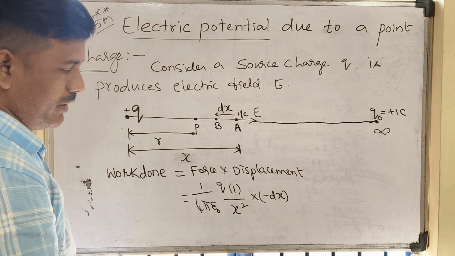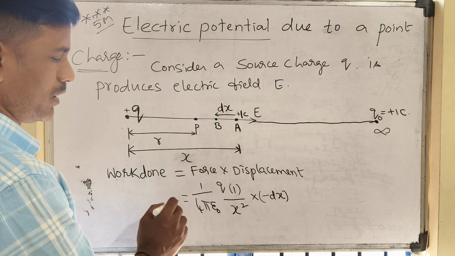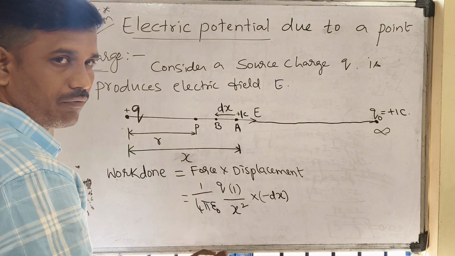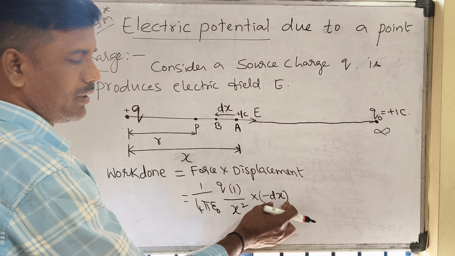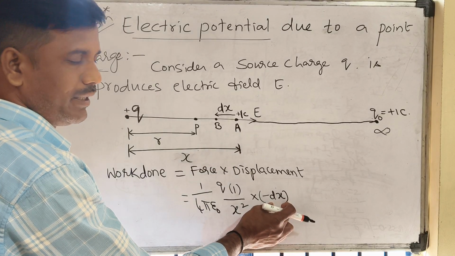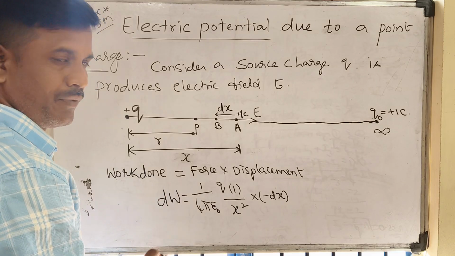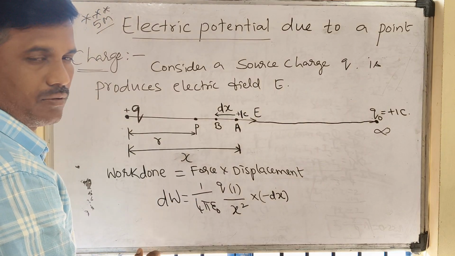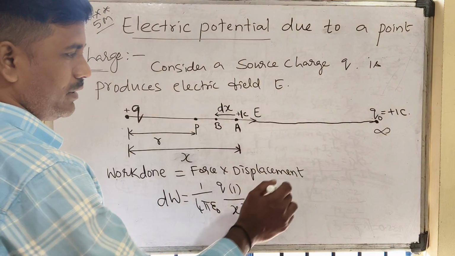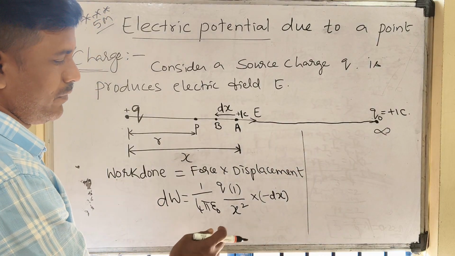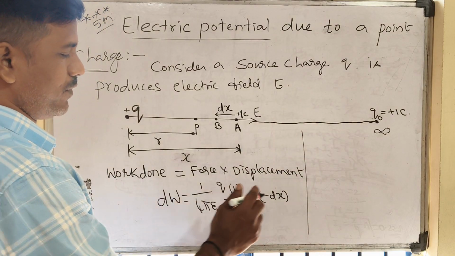Clear? Right. So now it is work done. But what work done did we do here? Small work done. Why? Because we did only a small displacement. Small displacement means only a small work done. So dW is equal to this one. Understood? Right. Now again the minus moves to the front.